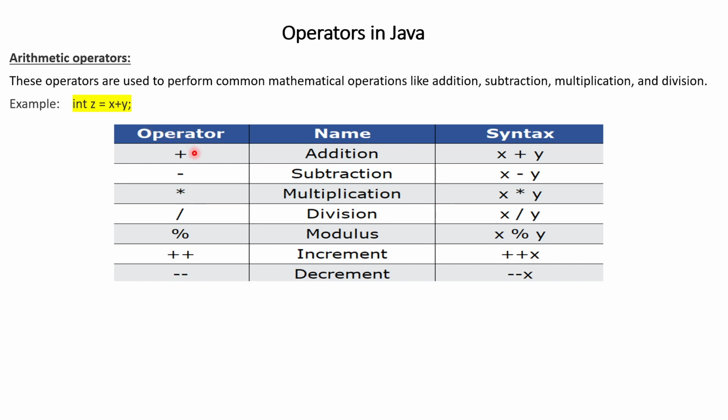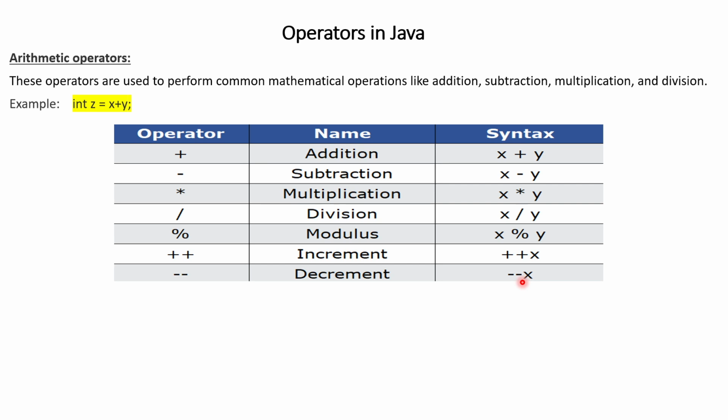Further in arithmetic, we have these operators. These are the names and the syntax. First we have addition, which adds two values. Then we have subtraction, which subtracts one value from another. Then we have multiplication, division, modulo. This is the increment operator and this is the decrement operator.